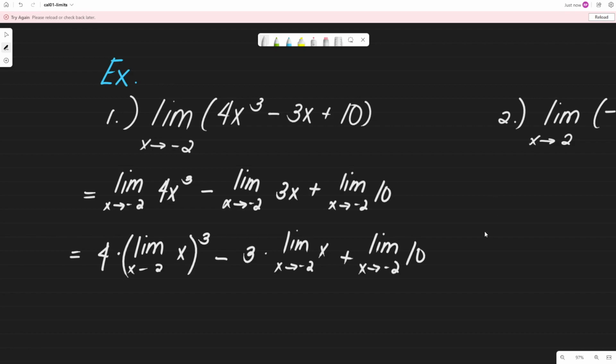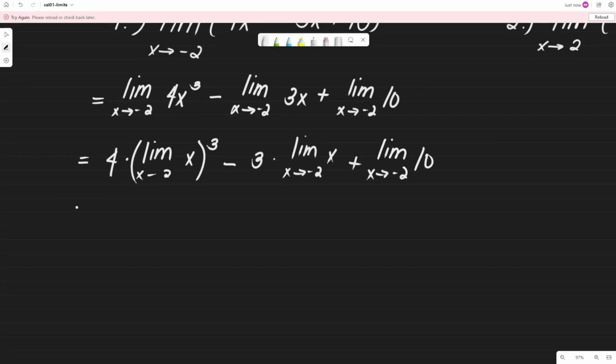Okay? So, we can now solve it. So, we have 4 times negative 2, we just substitute x. So, we have negative 2 cubed minus 3 times negative 2 plus 10.